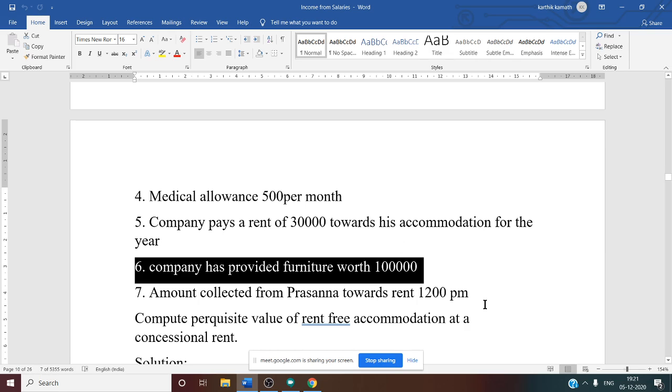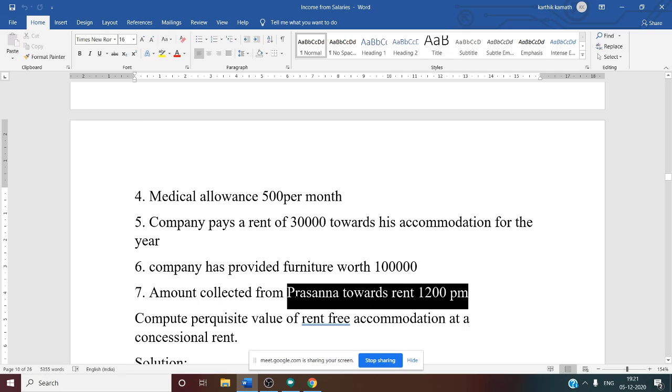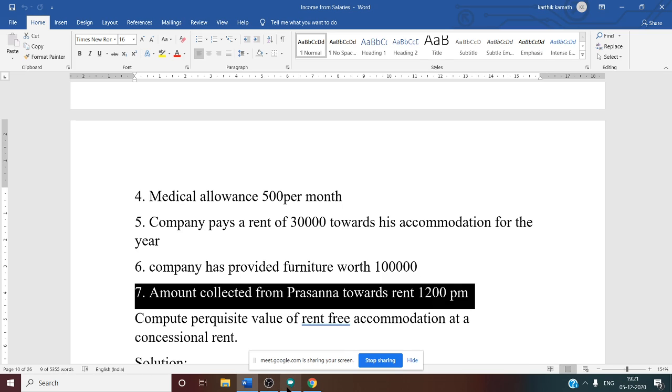Then the amount collected from Prasanna towards rent is 1,200 per month. What we have to do about this adjustment? No, this is rent recovered from the employee.